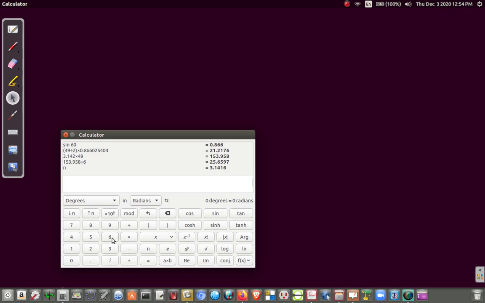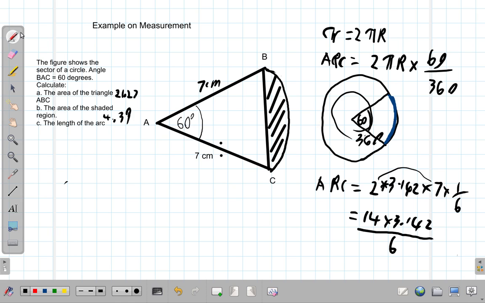So it's going to be 14 times pi divided by 6, equals 7.33. So the arc length is 7.33 centimeters. Remember, the areas were centimeters squared, and then 7.33 centimeters for the arc length.